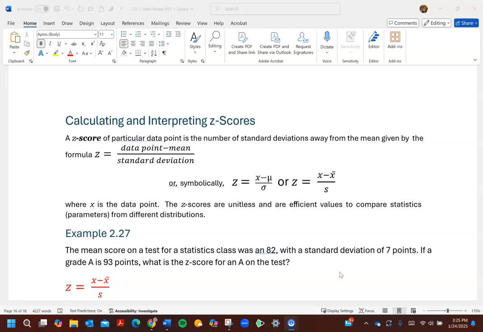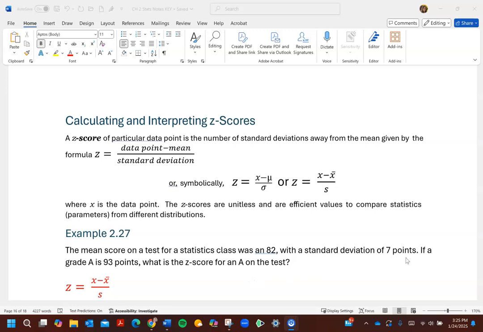Example 2.27. The mean score on a test for a statistics class was an 82 with a standard deviation of 7 points. If a grade A is 93 points, what is the z-score for an A on the test?